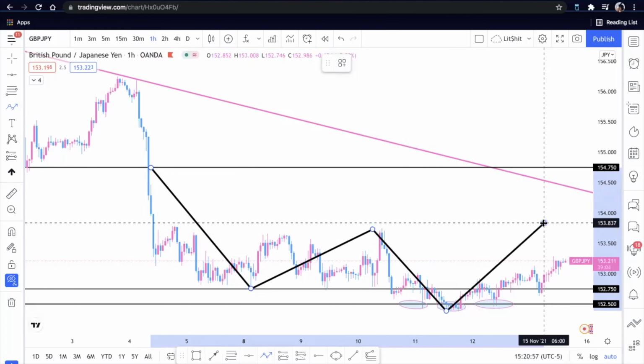What I'm noticing, it was some consolidation, and what consolidation is just ranging between a level of support and resistance, bouncing back basically. And then it eventually broke above that level of resistance, which is now acting as the level of support. And this wick rejection kind of confirmed that for me.